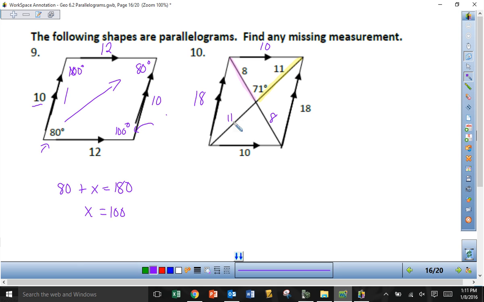The only other measurement we're given is this 71 degrees. Let's see if we can use that to figure out some information here. If this is 71 degrees, there's one right across from it. That's known as vertical angles, and we know that vertical angles are congruent to each other, so that will be 71 degrees as well. Then the only other thing we need to find is this angle and this angle.